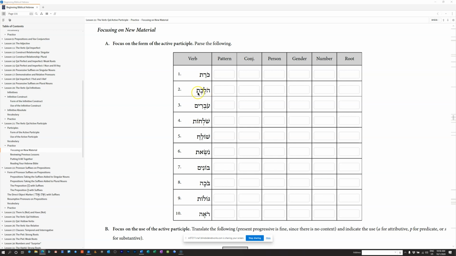The feminine singular is a little bit different, but this segol-tav, especially when you've got the holem theme vowel in R1, is a pretty easy to recognize indication of a participle. So if you've got holem in R1, segol-tav, hireq-yod-mem, holem-vav-tav, these are pretty obvious signs that you've got a participle.